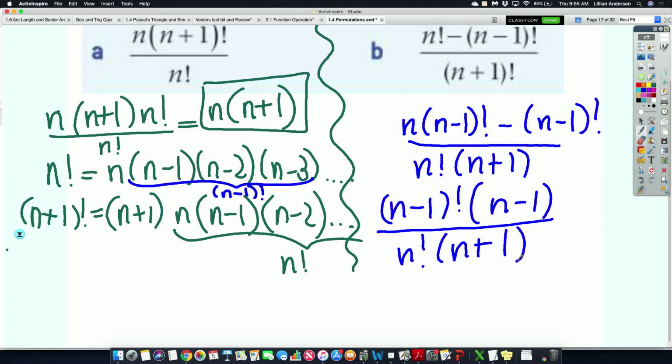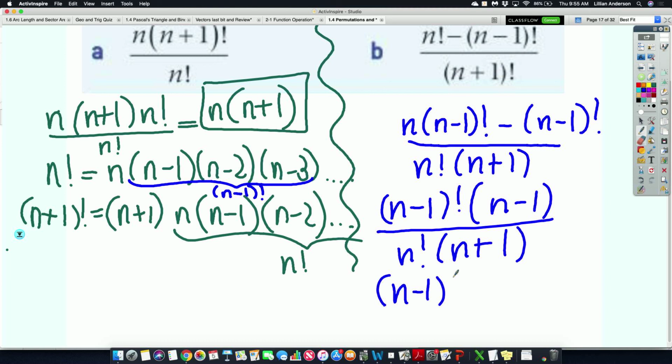What can I do from here? So close. What can I do from here? Can you break the n factorial into n times n minus 1 factorial, kind of pulling out the n minus 1 factorials? Y'all see that?